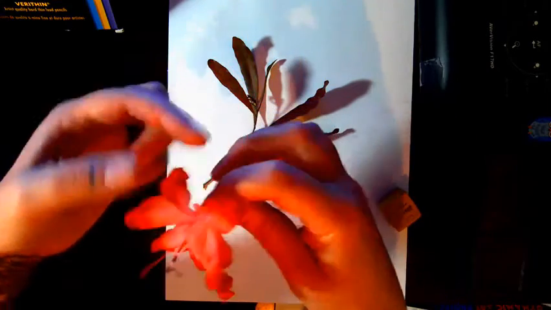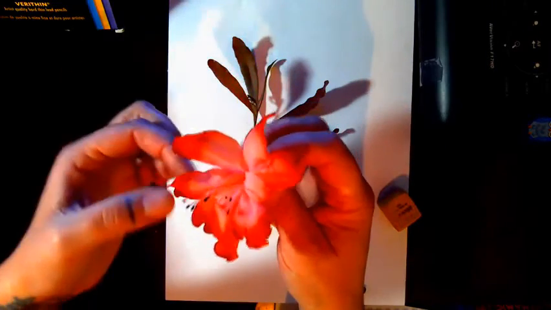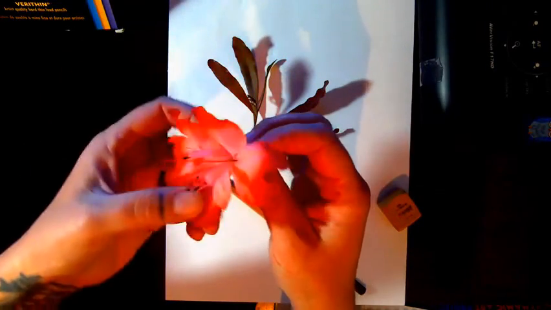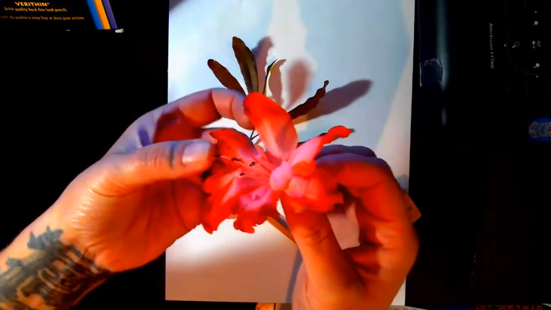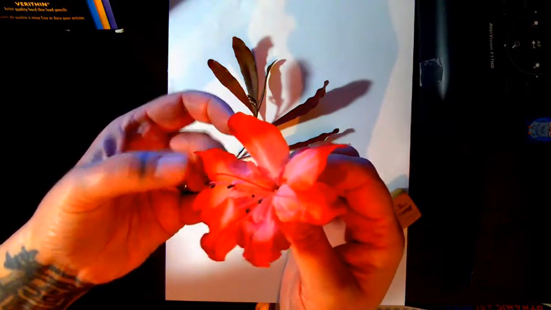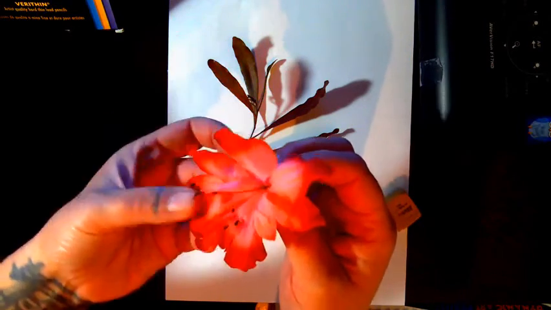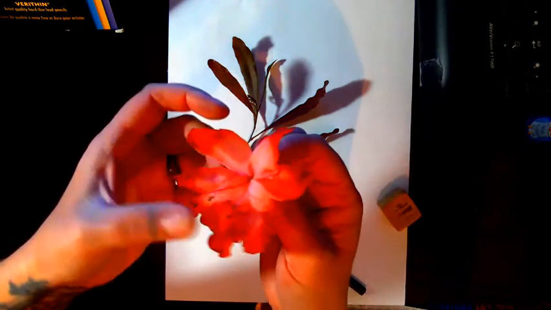So, for example, when I look at this blossom, I see many things. I see 1, 2, 3, 4, 5, 6, 7, 8 different petals. I also notice the petals have a darker pink color on the tips, and it goes light pink on the inside.